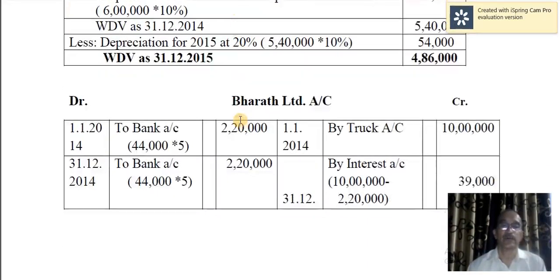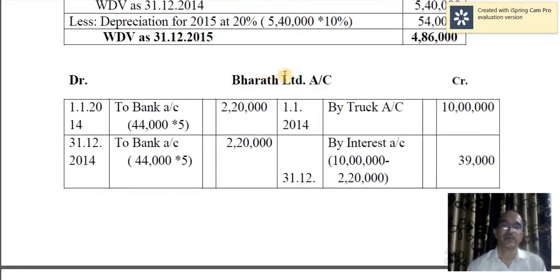Now let us open hire vendors account, Bharat Limited account. Trucks account debtor to Bharat Limited account. So with 10 lakh, this is the cash price of 5 trucks, 2 lakh into 5. And then there is a down payment, we have made a down payment 44,000 into 5, so 2,20,000.